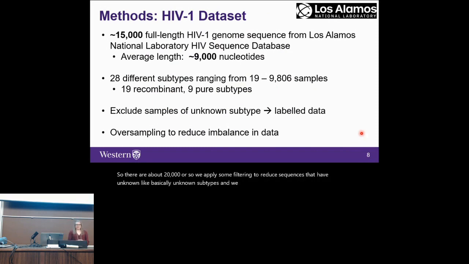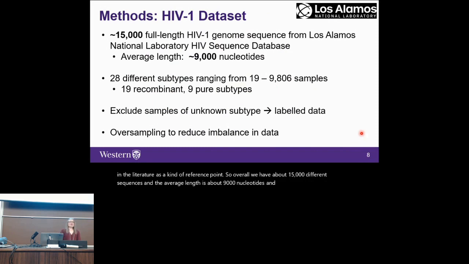We also remove sequences that have fewer than 19 examples, because this number of 19 examples has been established in the literature as a kind of reference point. Overall, we have about 15,000 different sequences, and the average length is about 9,000 nucleotides.